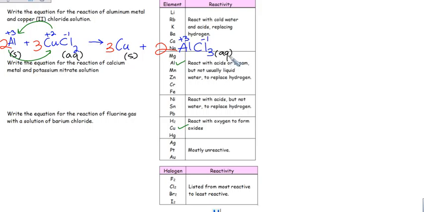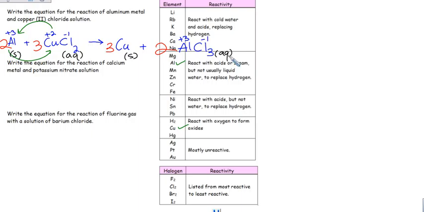That's a solution. Now, when we run this in the lab, let's say we wanted to filter out the copper. So I set up my filter paper and my funnel. The solid copper would collect on the filter paper. Then you'll have this clear solution that drips through into your flask. That clear solution is the aluminum chloride.